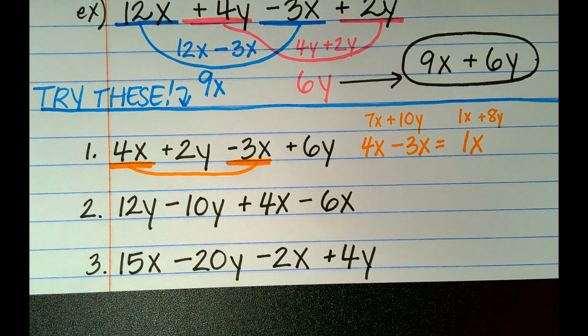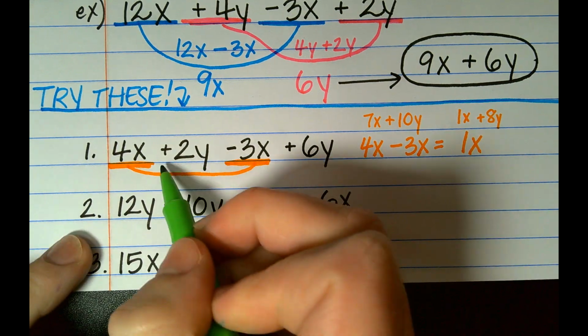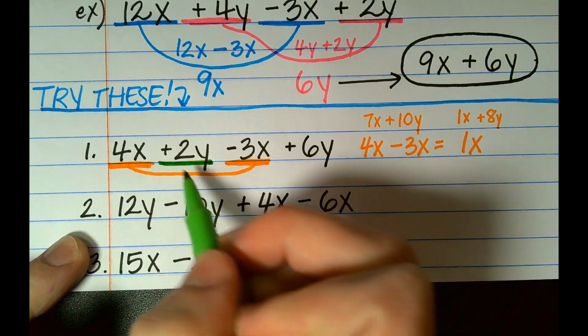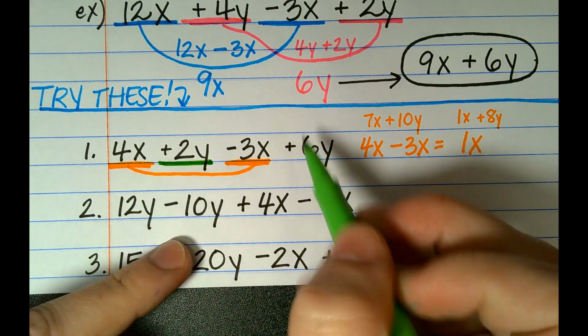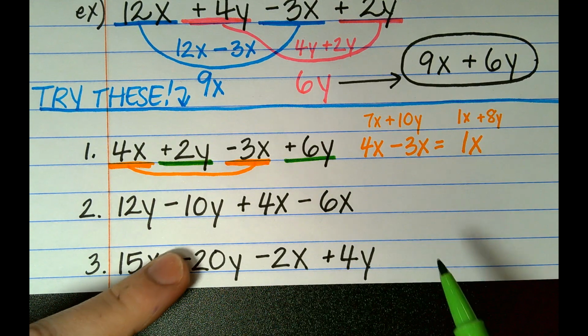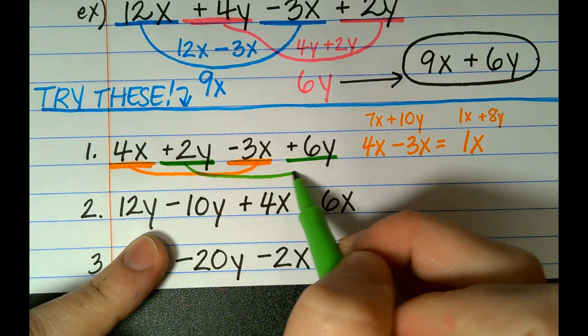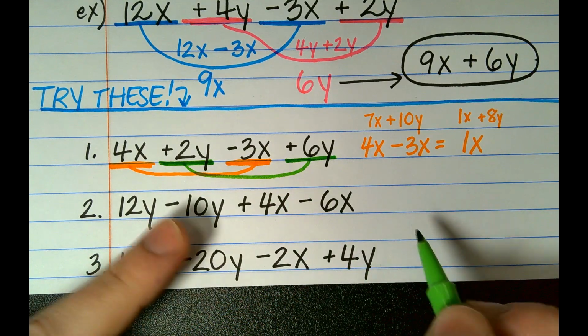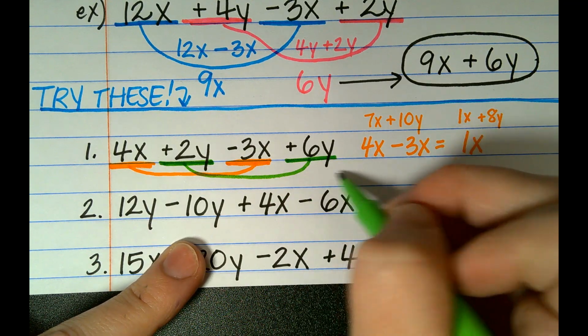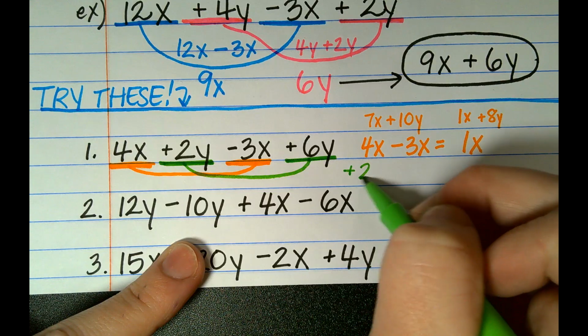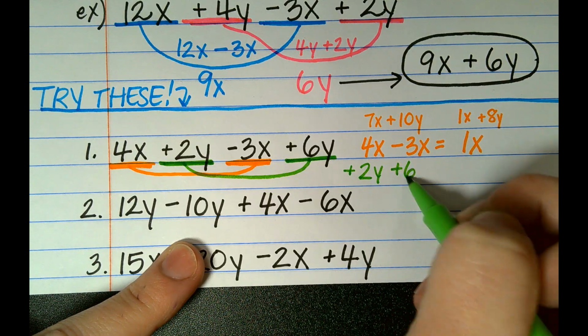Okay, so now let's look at the y's. We have plus 2y and plus 6y.